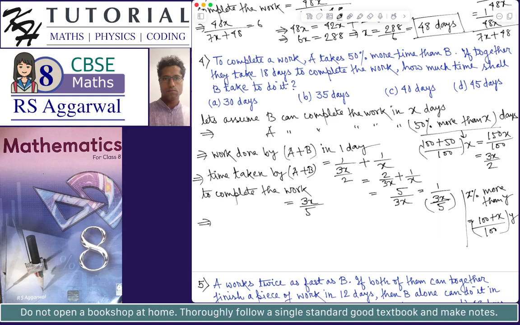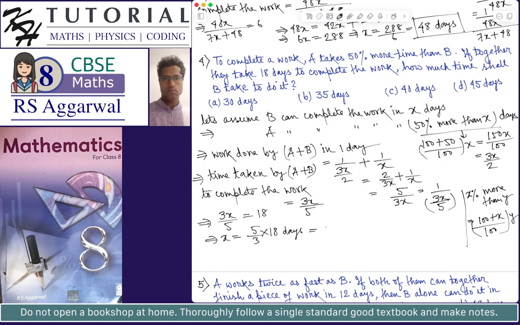Also in the problem it is given that if they are working together they can complete the work in 18 days. So we can say that this 3x by 5 is equal to 18. So from here we can solve for x. x will be equal to 5 by 3 multiplied by 18, this number of days.